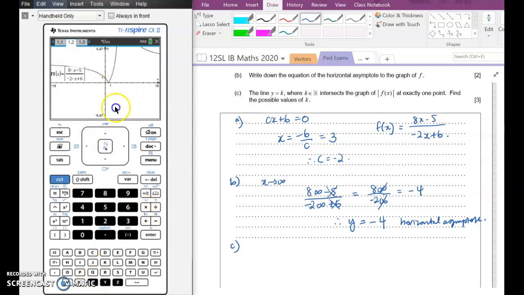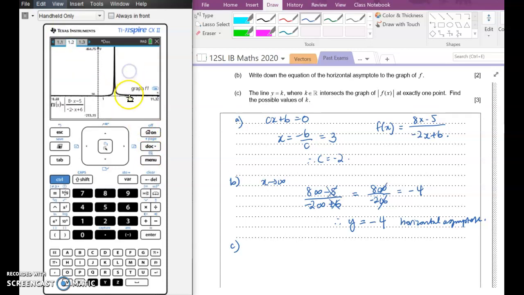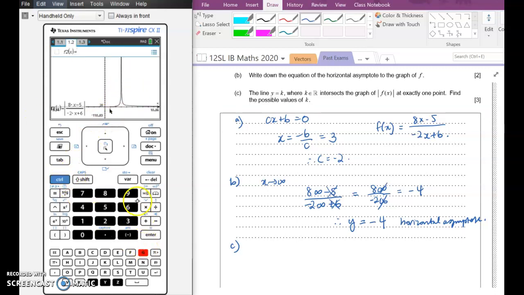Okay, so you can already see by zoom fit that there's a point where, just making sure I typed in the right equation.